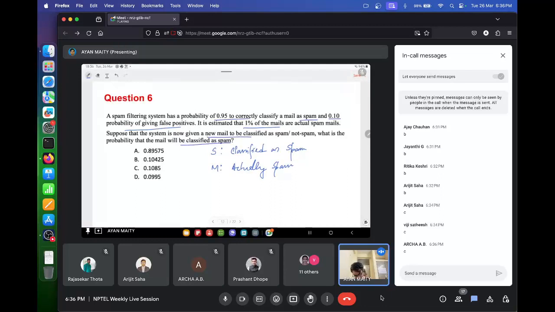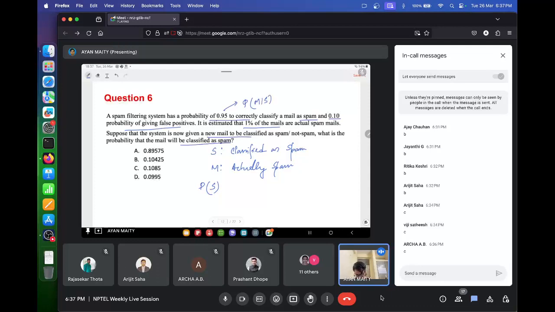What we have to find out is the probability of S, the probability that a given mail will be classified as spam. The information given to us is, first, this probability of 0.95 to correctly classify a mail as spam.